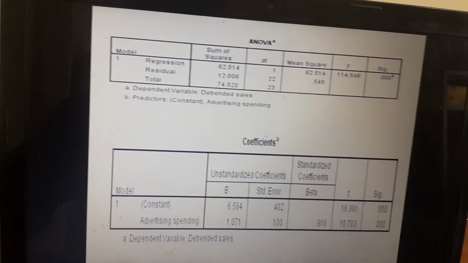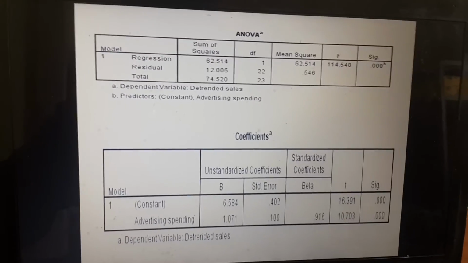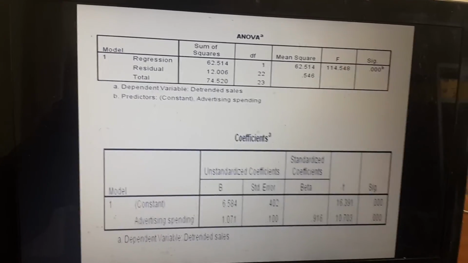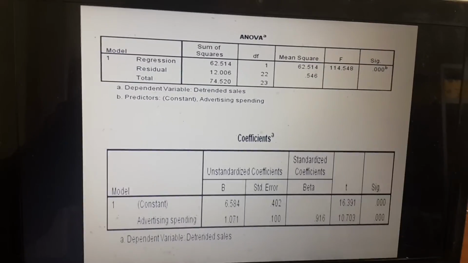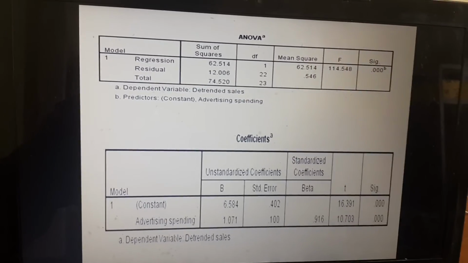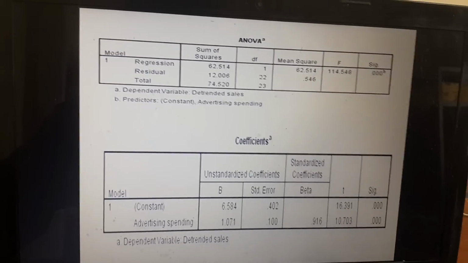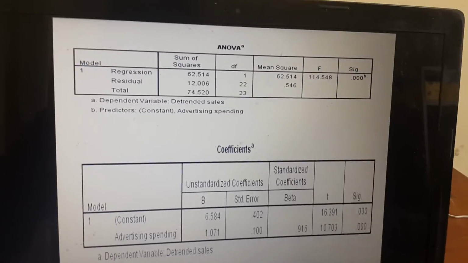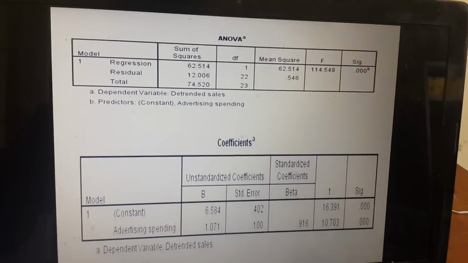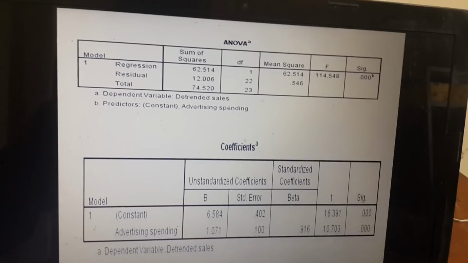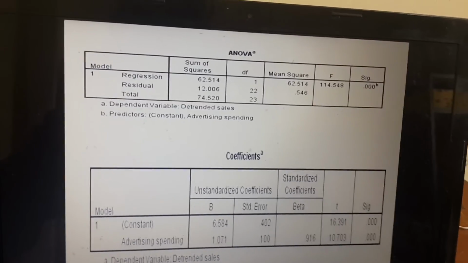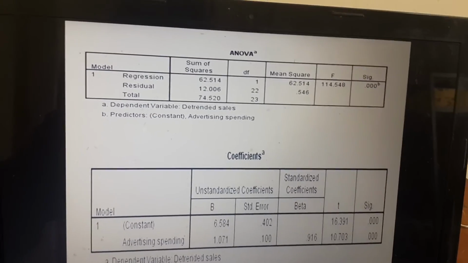In the ANOVA table, when the sig value, that means the last column, is 0.00, that is less than 0.05, we say that the variables have significant effects, or are statistically significant. If it is greater than 0.05, it is not statistically significant.